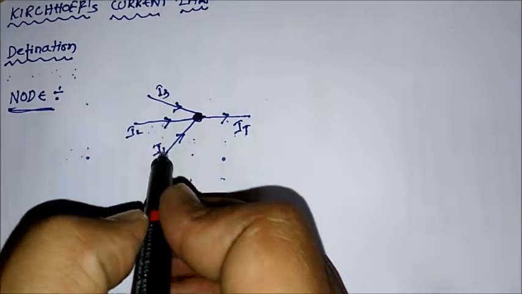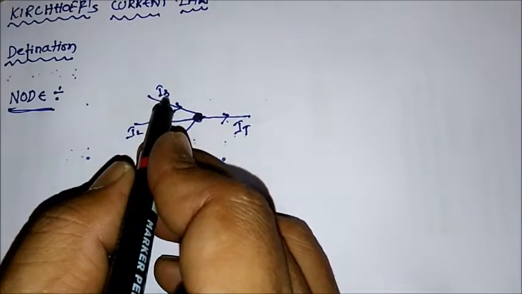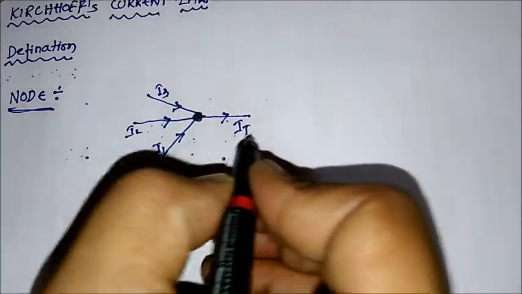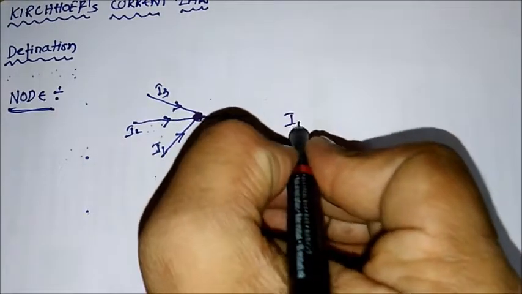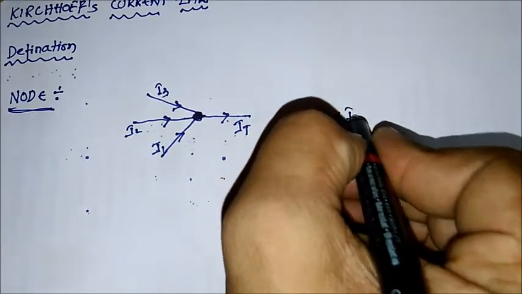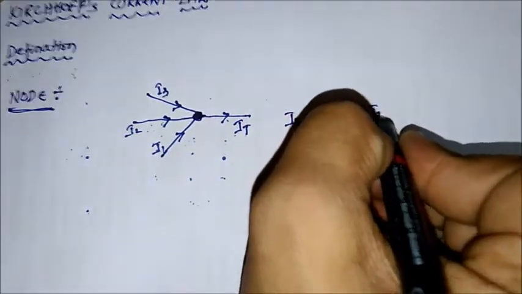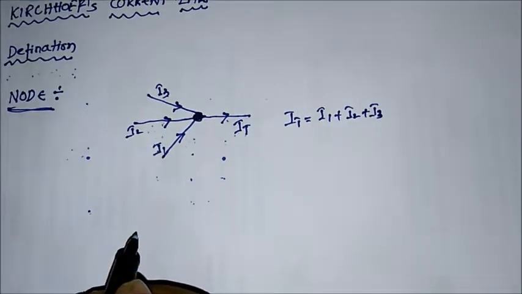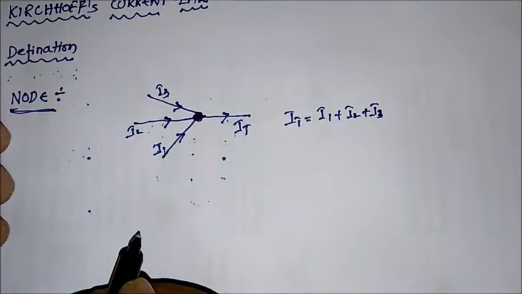That means I1 plus I2 plus I3 is equal to IT. Therefore IT is equal to I1 plus I2 plus I3. This is how we define Kirchhoff's current law.